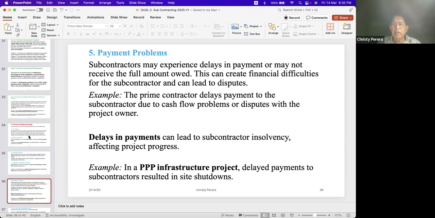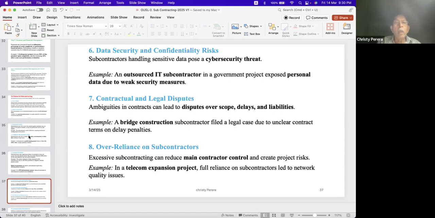If you can't pay, subcontractors will stop their work. Data security and confidentiality risk. Subcontractors handling sensitive data pose a cybersecurity threat. An outsourced IT subcontractor in a government project exposed personal data due to weak security measures.